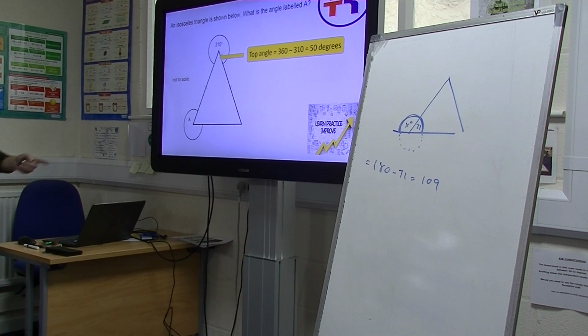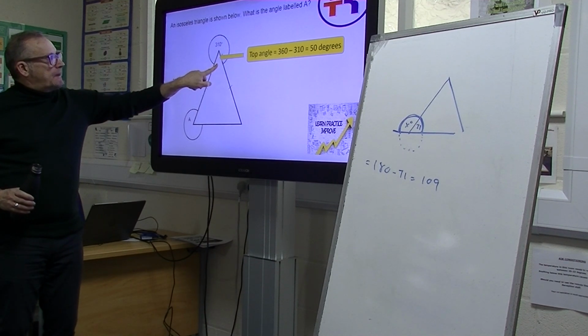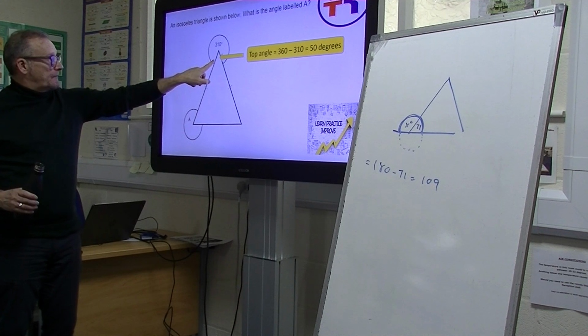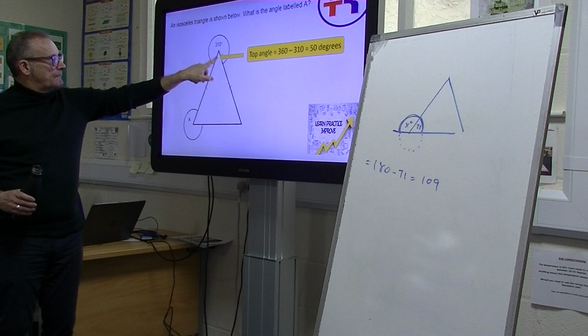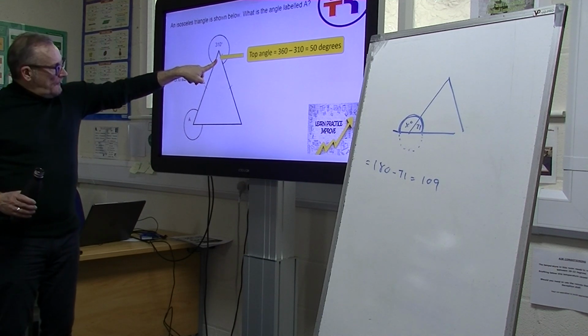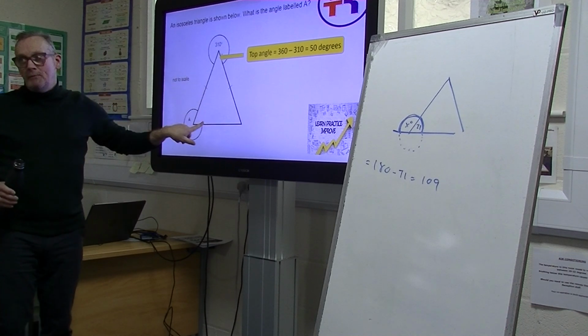It's 50 degrees. Full circle would be 360. Take away the bit that's cut out, take away this bit, which is 310. So it means the bit that's cut out is 50 degrees. Now we know that's 50, we can work out these two, because it's an isosceles triangle. These are going to be the same.